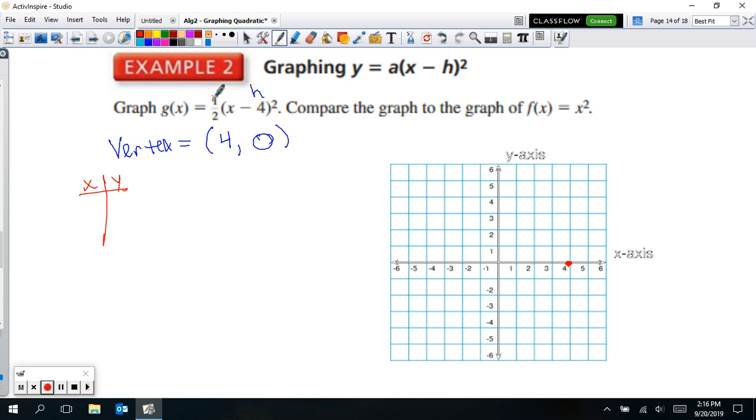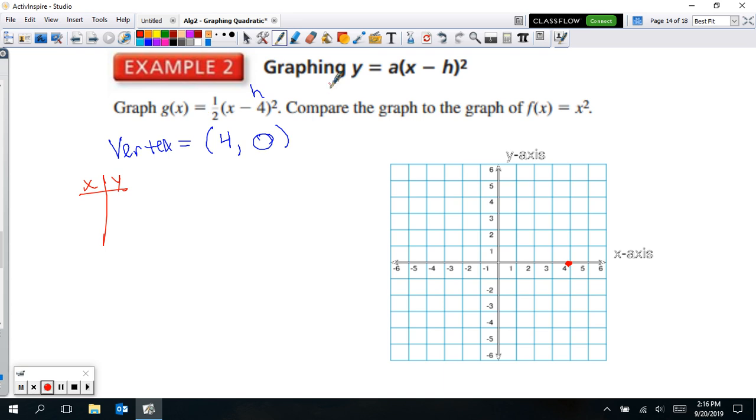Because notice, what am I going to have to multiply by eventually? This fraction of 1/2, right? That means I got to cut a number in half. Can you cut an odd number in half evenly? No, it's going to still give you a fraction. We don't want to end up with a fraction. So we want to choose numbers that will give us an even number that we can cut in half, so we get a nice, easy number to plot on our coordinate plane.